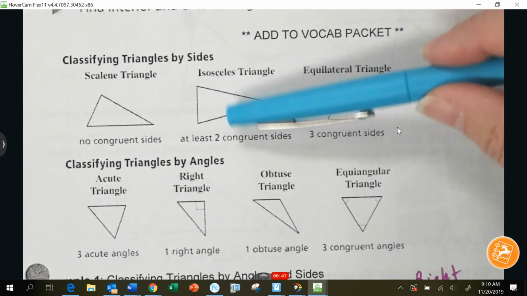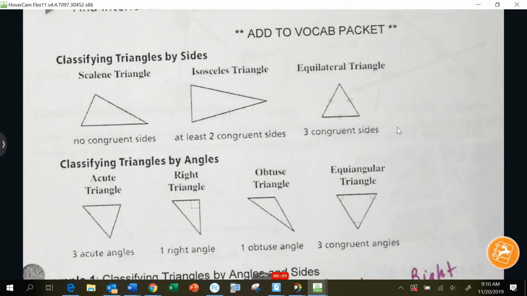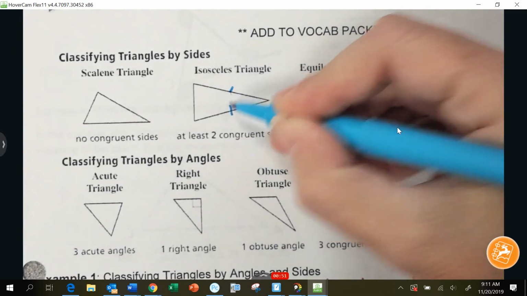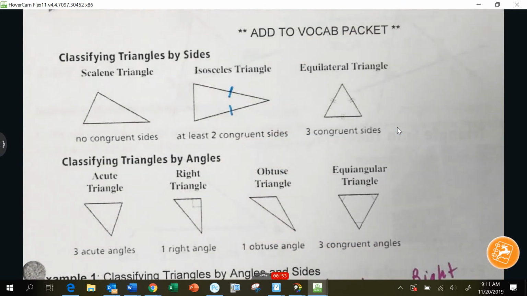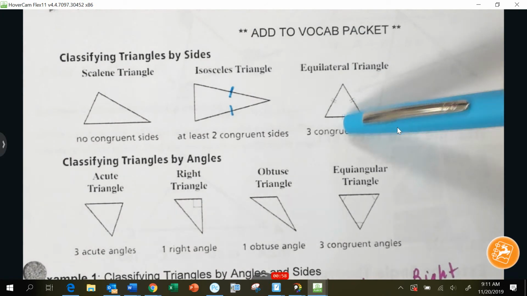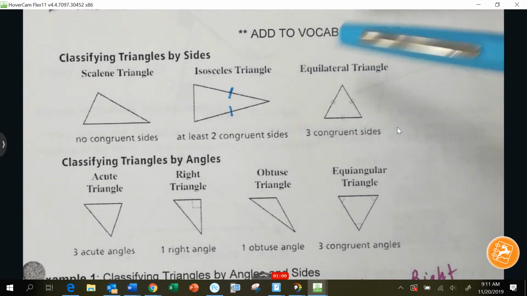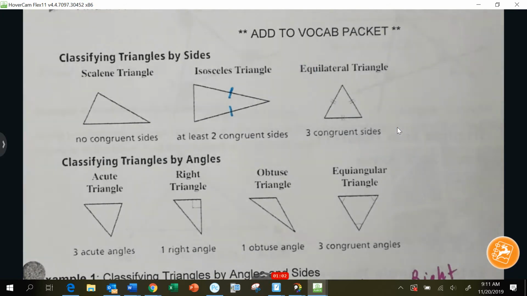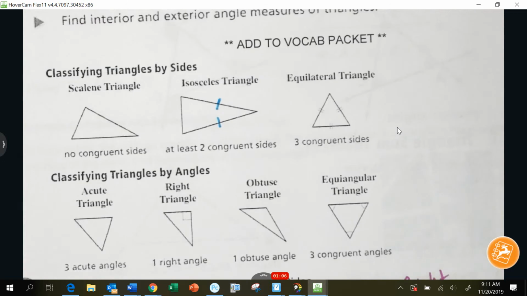Isosceles, we've got at least 2 sides that are the same, and it's a little hard to see on the paper, but they are marked congruent. And then equilateral, all the sides are the same. There's some things that we will review and learn in here that, like with isosceles, it hasn't happened yet.